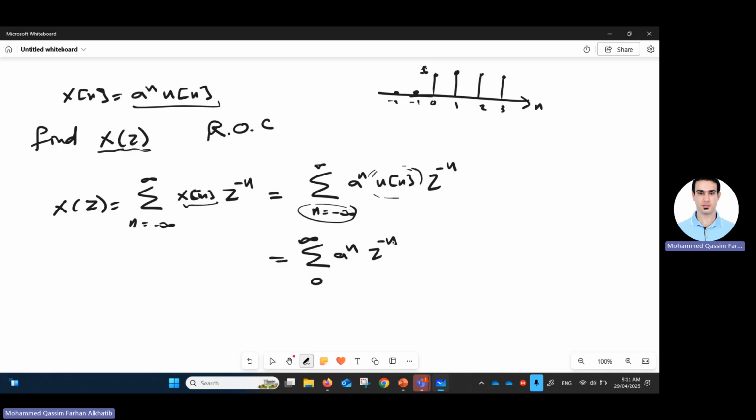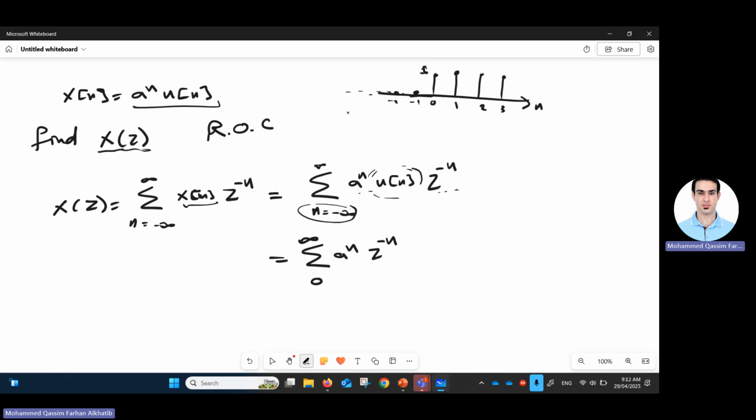Are we clear about this concept? Any questions about this? The unit step function has values only at positive points in n, or in time, let's say. So for negative values, there are zeros. When you multiply these expressions with this unit step function and you want to apply the summation, I know that I have the summation from minus infinity to infinity.